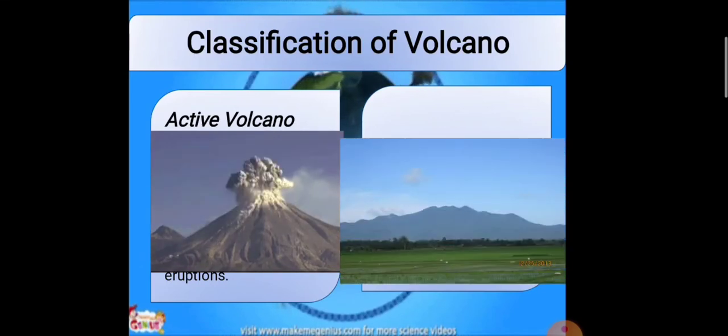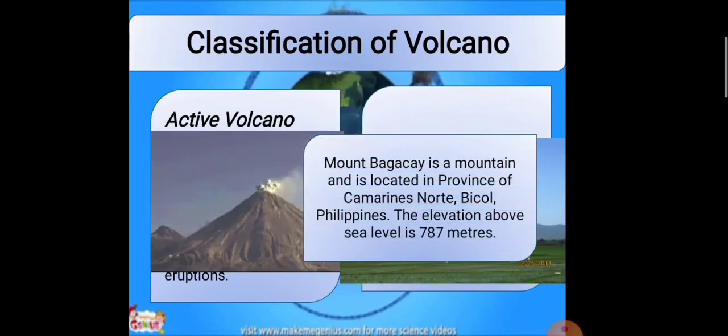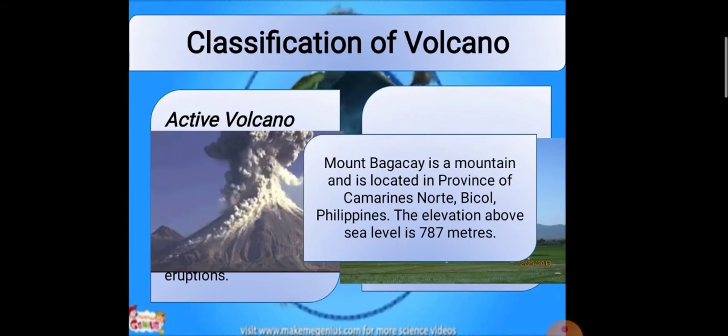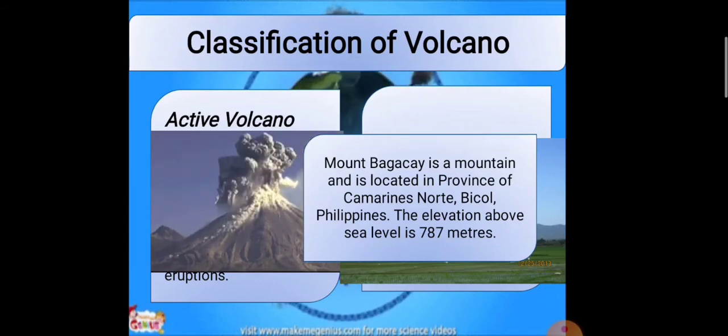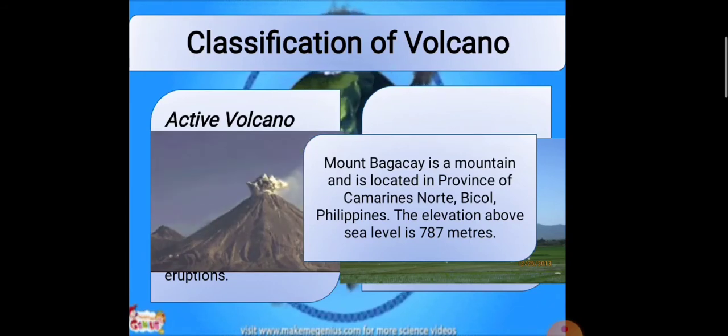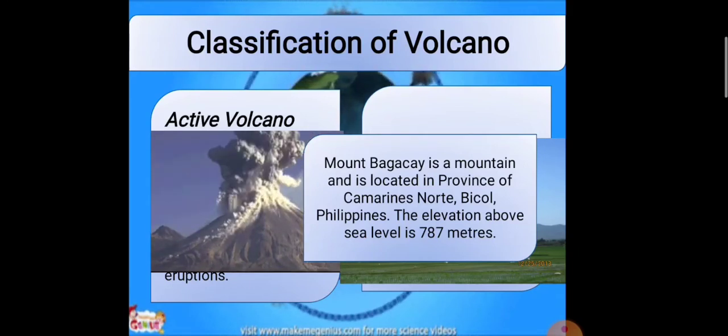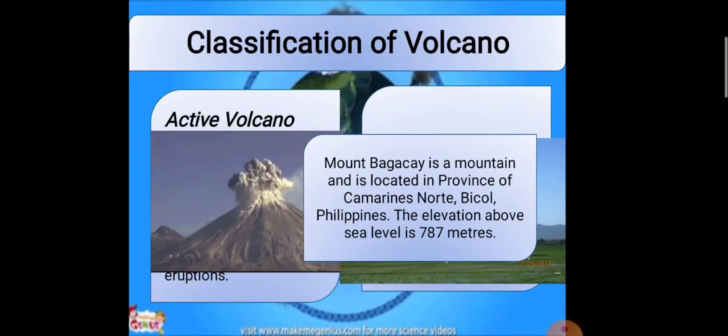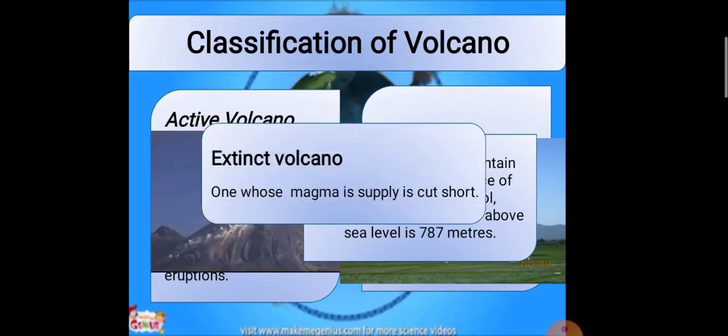Then that is the example of an inactive volcano. Mount Bagacay is a mountain located in the province of Camarines Norte, Bicol, Philippines. The elevation above sea level is 7,887 meters. So the extinct volcano is one whose magma supply is cut short.